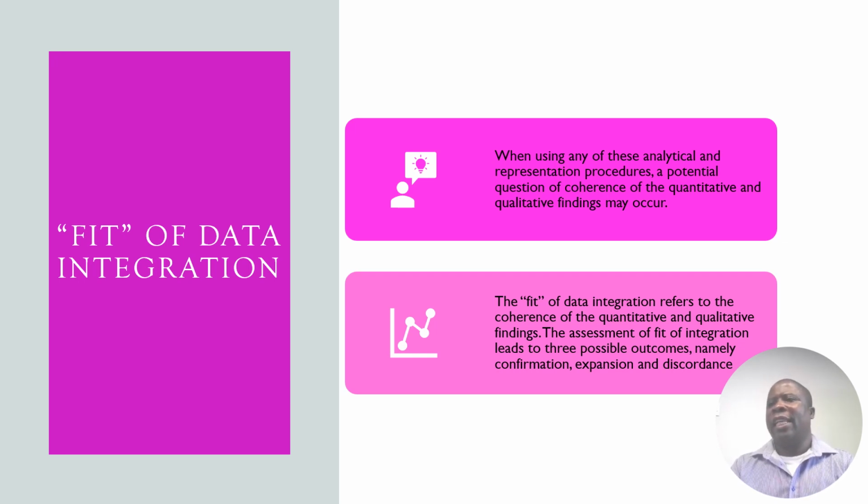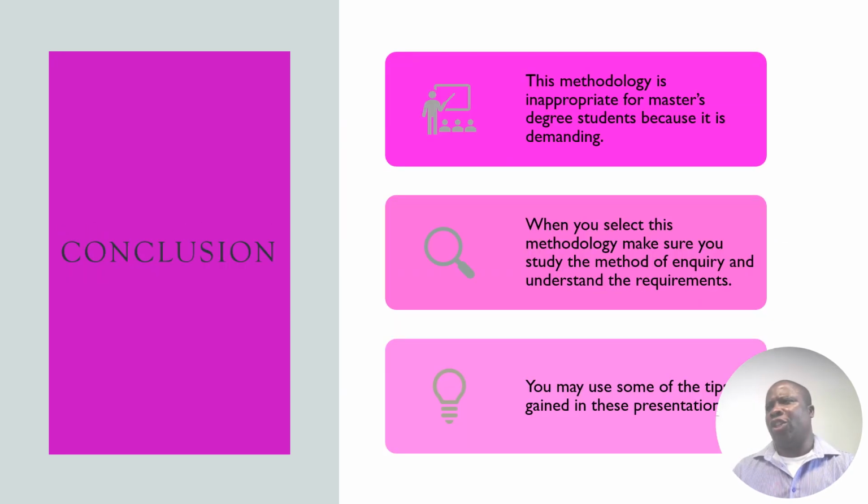You just take some results in your quantitative that support the findings in qualitative. Those are the ones you report, and you don't report everything. So that's what you can do to deal with the problem of discordance in qualitative and quantitative findings, or in mixed method research.